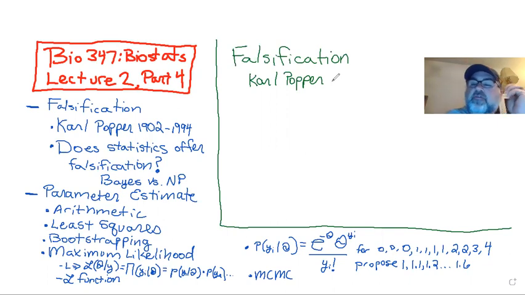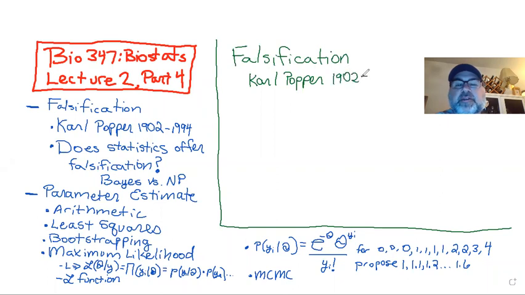And I don't know if you've ever come across, how do you define a scientific hypothesis or what science is? It's something that could be falsified. So this idea of falsification has gone so far as to define what is scientific. And the person that kind of led that charge was Karl Popper.